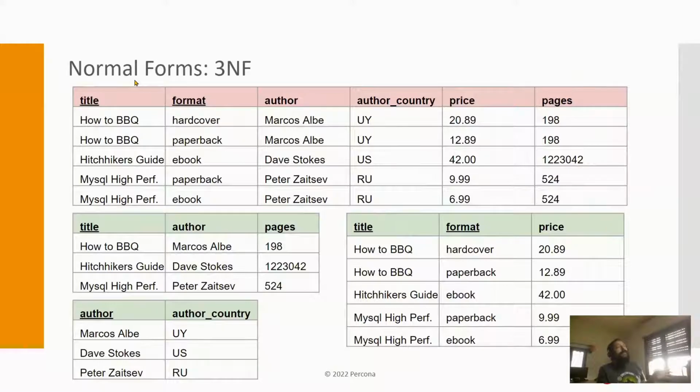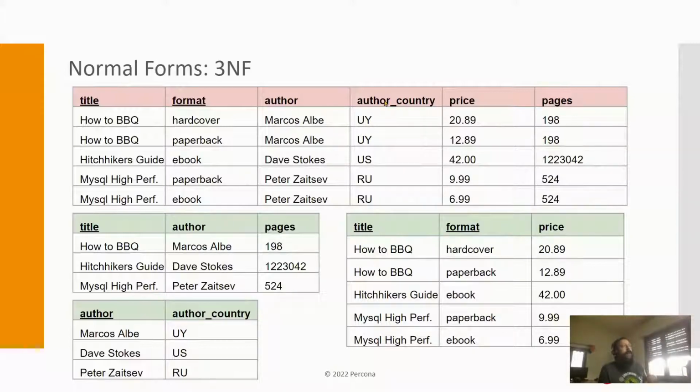Right away, you can tell, Marcos, this is not compliant with the second normal form, because I should be able to infer the price from the format. So that's not in second normal form. But further, the title is tied to the author, and the author country is tied to the author.